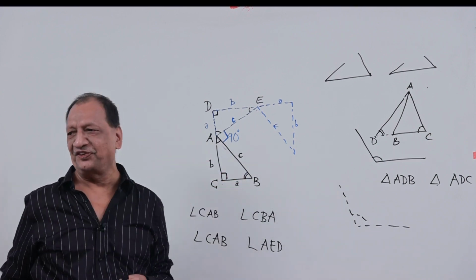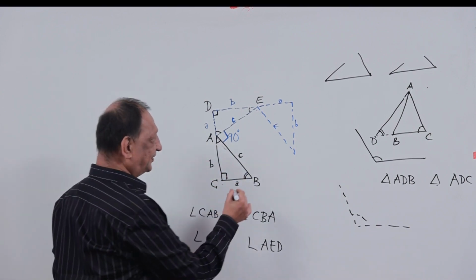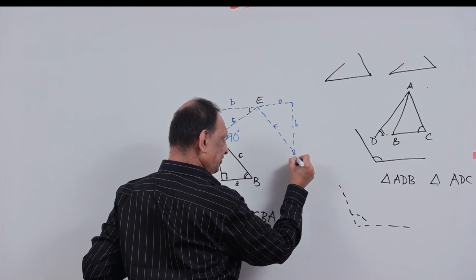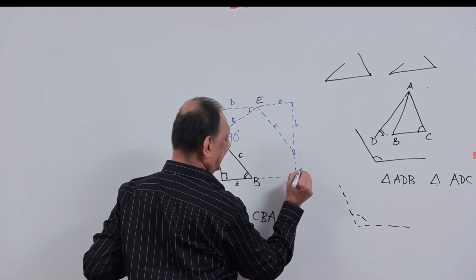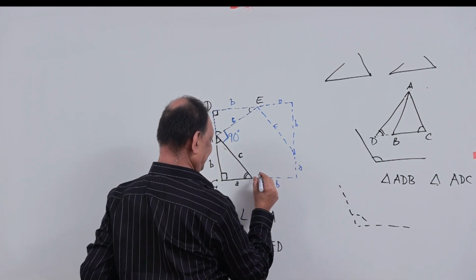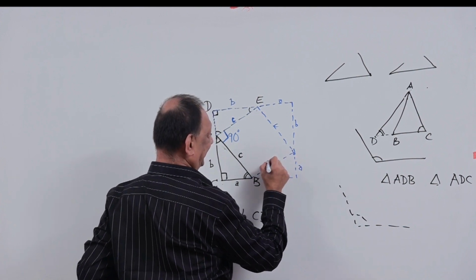So we get a third side of the square, right? And last, we continue this construction, one more A and one more B, and join. We get the fourth.